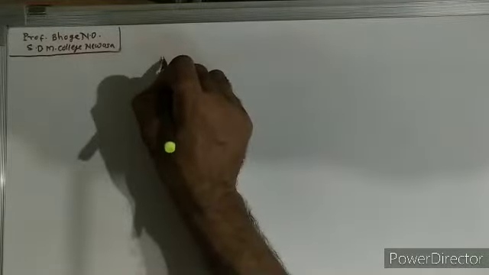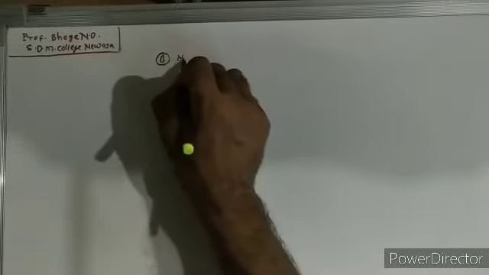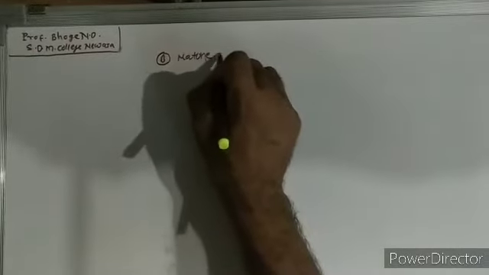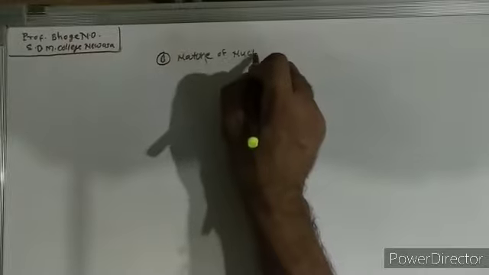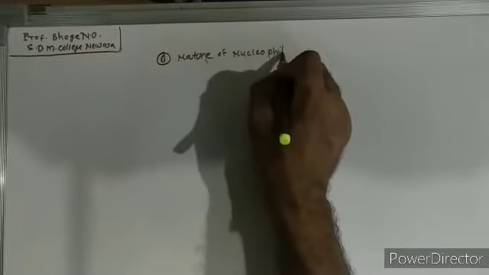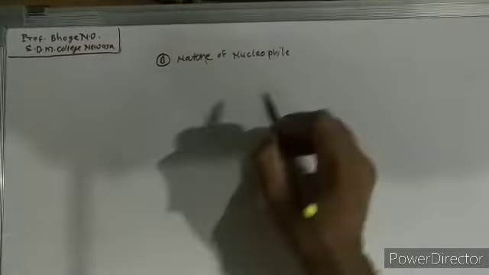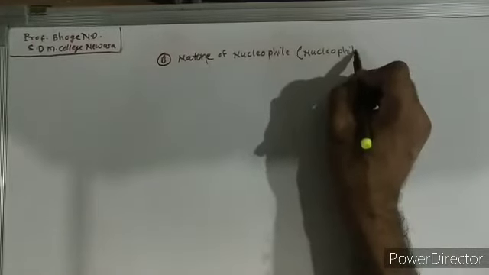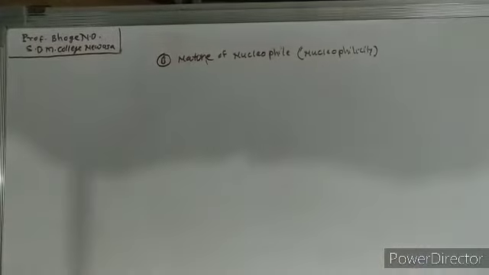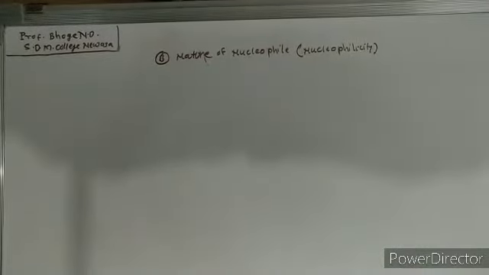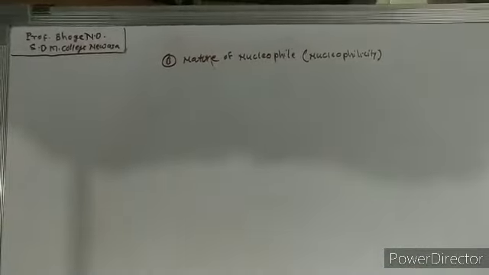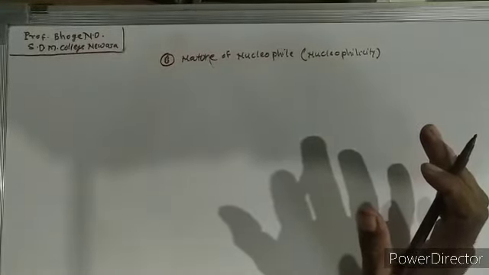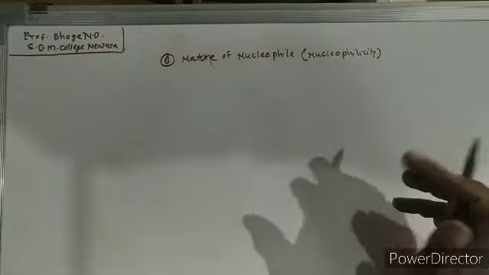Now let's discuss the second factor, the nature of the nucleophile. Nature of nucleophile means nucleophilicity. As the nucleophile is involved in the rate determining step of the SN2 reaction, changing the nature of the nucleophile changes the rate of reaction.